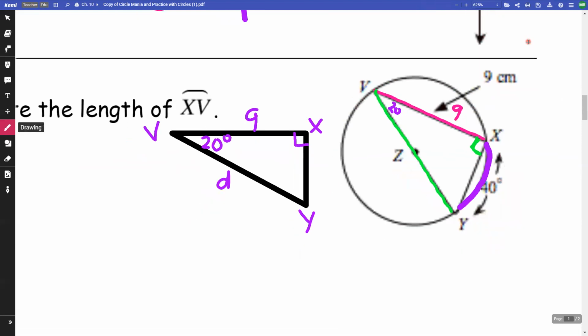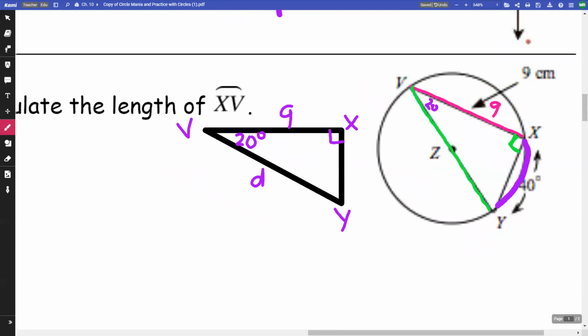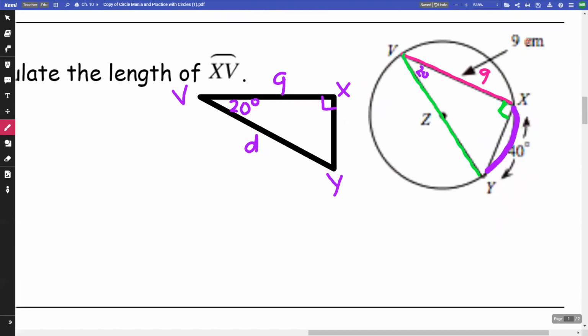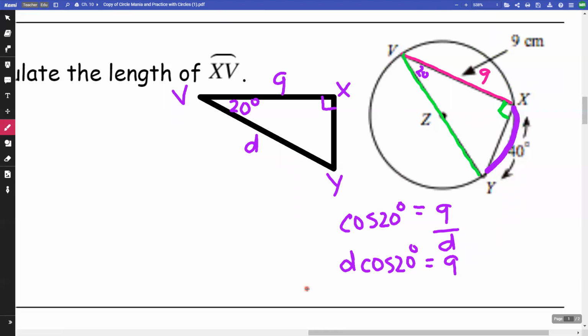So I'm going to be using some trigonometry for this. I've got adjacent and hypotenuse. So I'm going to go cosine of 20 degrees equals adjacent over hypotenuse. So I get D times cosine of 20 degrees is equal to 9.